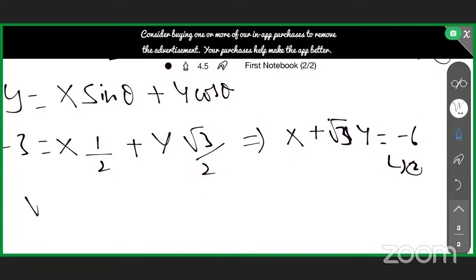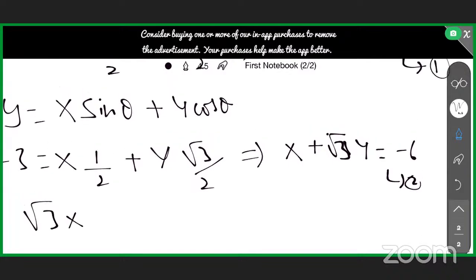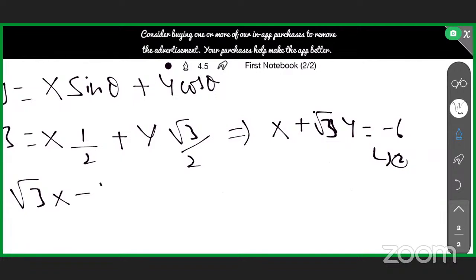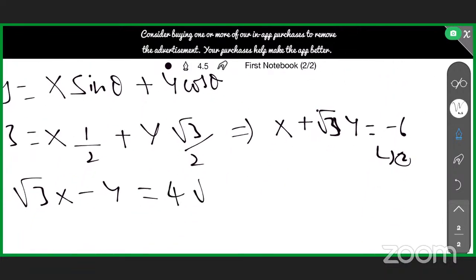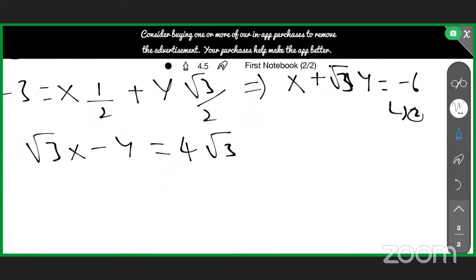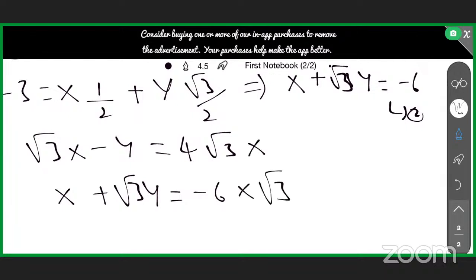That is root 3x minus y is equal to 4 root 3, and x plus root 3y is equal to minus 6. So I'll equate the terms of x. What I will do is multiply this one by root 3 and this one by 1.